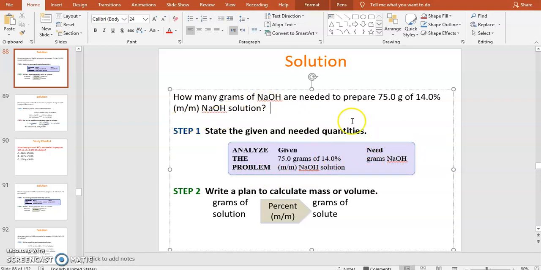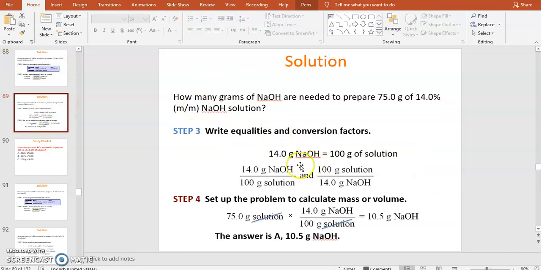They also give us the mass percentage, so we can get a conversion factor from here, so 14 grams of NaOH dissolved in 100 grams of solution. So we can have these conversion factors, and we have this amount of grams, so we can cancel gram of solution to get 10 grams of NaOH.